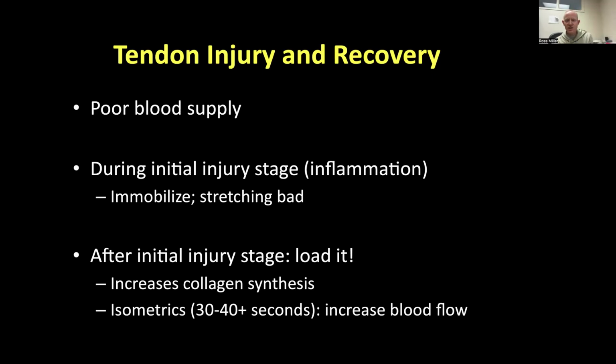Now, during the initial stage of a tendon injury, which is typically called the inflammatory stage, where it's big and puffy and there's all sorts of fluid inside of it, you typically want to immobilize the tendon. At that phase, very early on after you've suffered a tendon injury, stretching the tendon and loading it is generally bad.